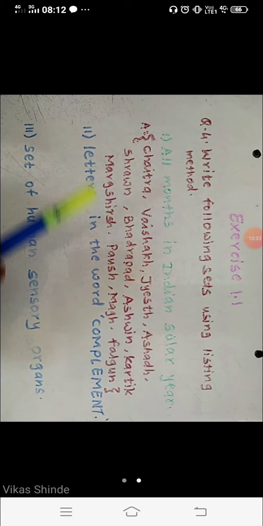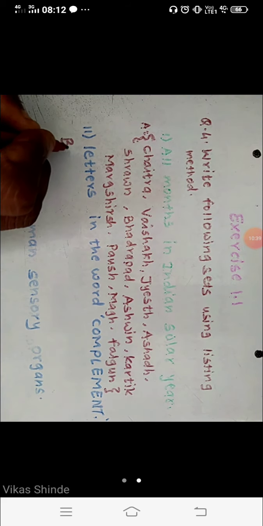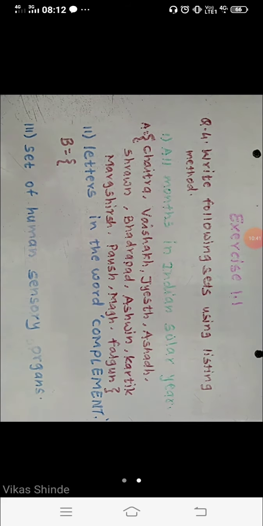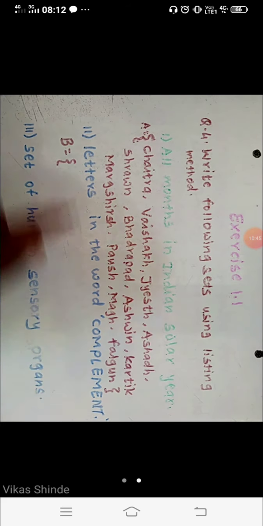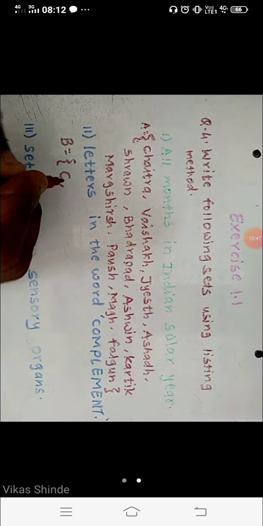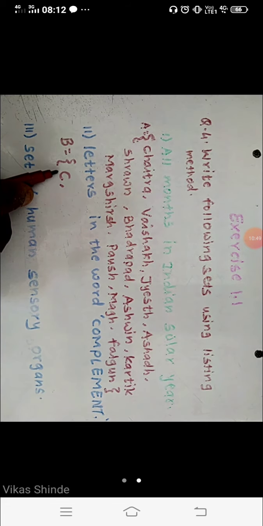Second question now. Let us take the word complement. Name of state is not mentioned here. So that's why we have to represent them by using capital letter B here. Okay, our word is here complement. So from that we have to write that C first. Here are capital letters, so that's why I write capital letters.